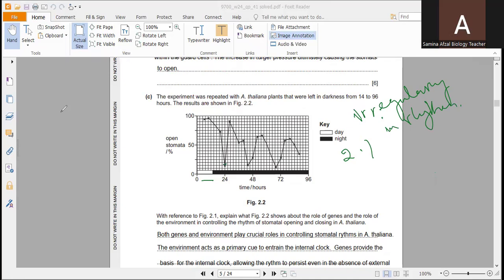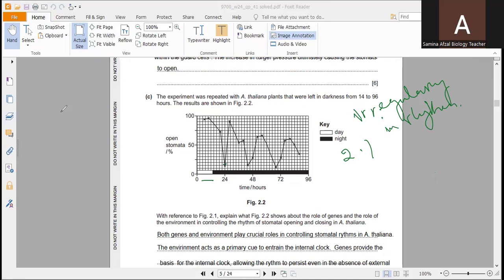You can watch this. When we compare both of these, it indicates that A. thaliana possesses an endogenous clock or biological rhythm that can maintain the stomatal rhythm even in the absence of external light cues.